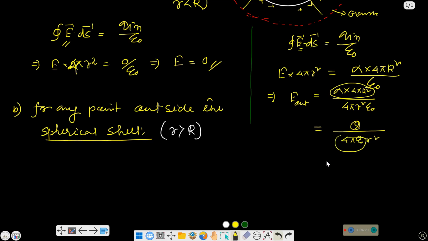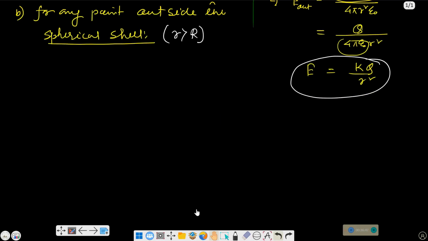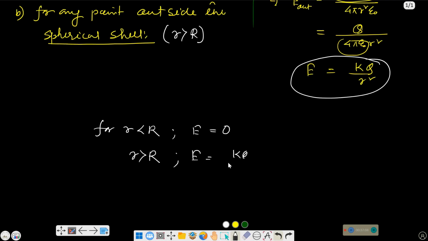Now 1 by 4 pi epsilon naught is K, so we have KQ by r square, where Q is the net charge on the surface of the sphere. The conclusion is, for a spherical shell, for r less than R, electric field equal to 0, and for r greater than R, the electric field equals KQ by r square.